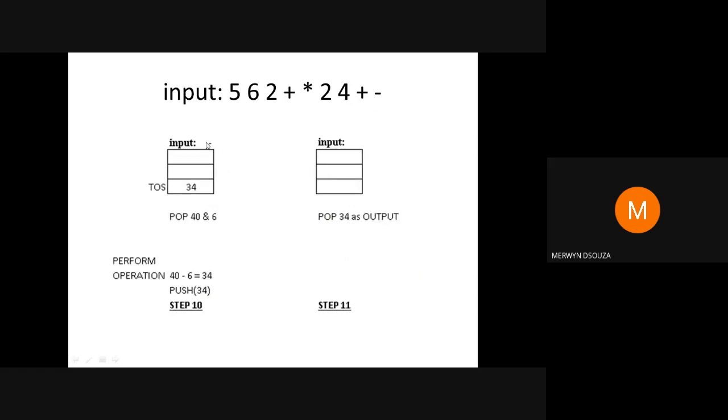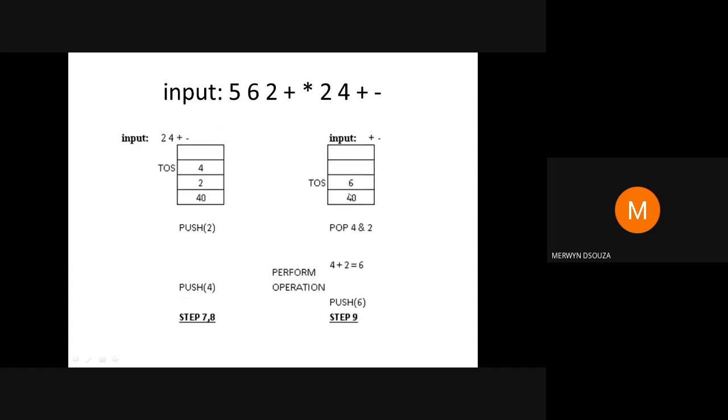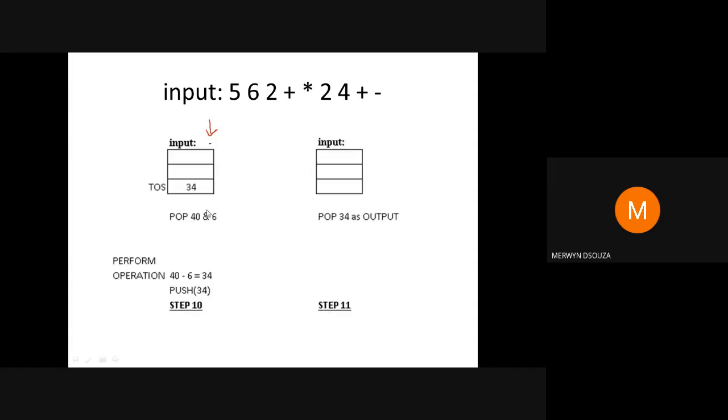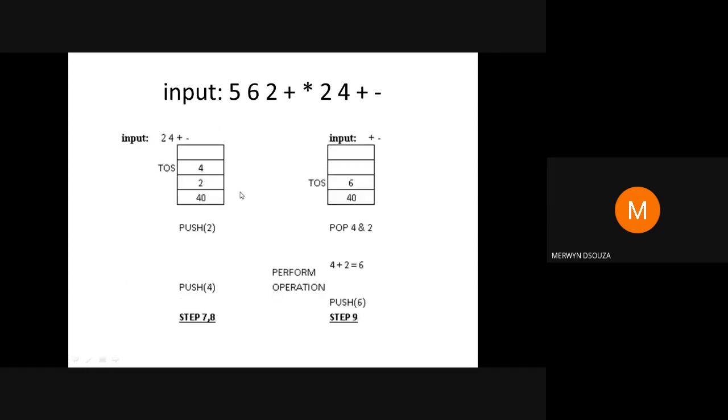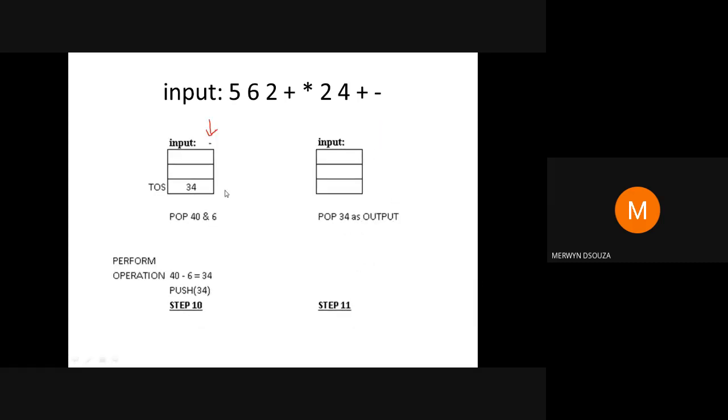Only minus remains. When you read this, you will pop the top two values. Which are the top two values? 6 and 40. When you pop the top two values, see here, 40 minus 6 you get equal to 34. We don't do 6 minus 40.